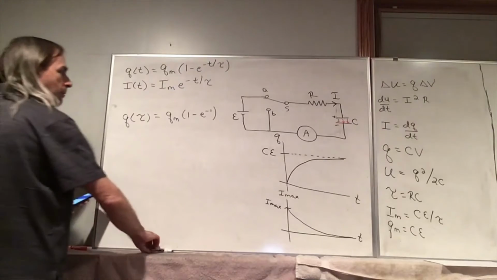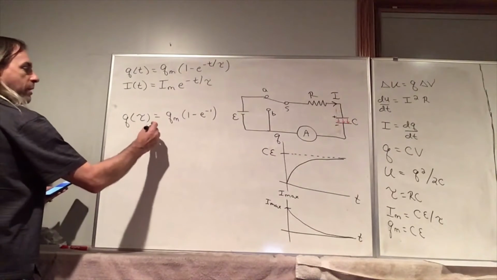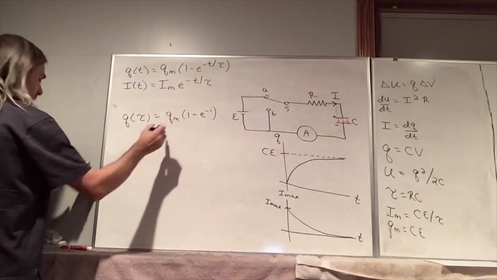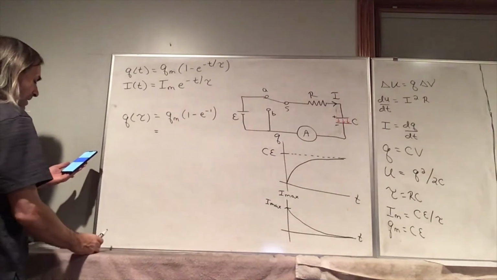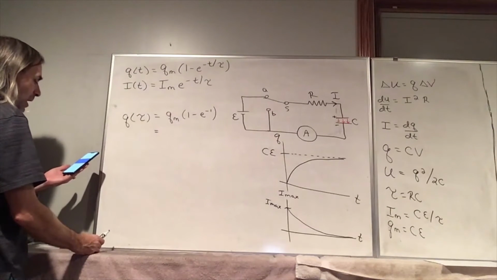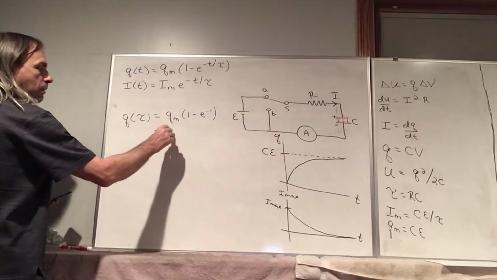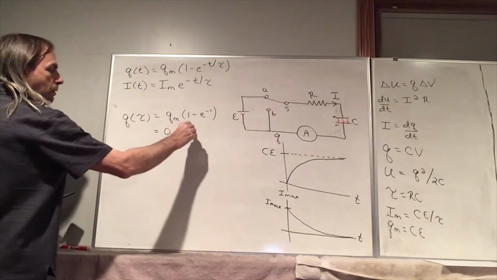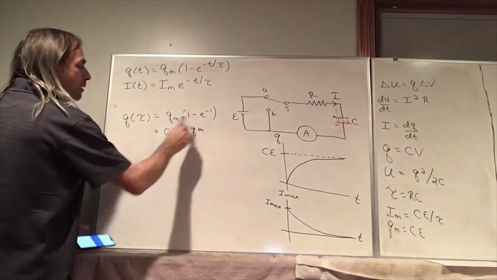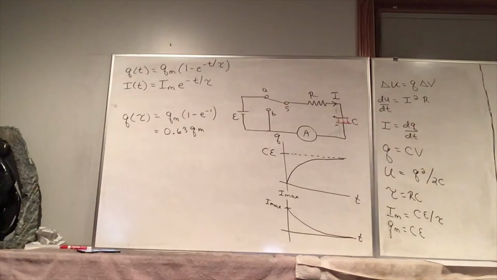.37 roughly. So 1 minus 0.37, this would be 0.63, we'll say. So after one time constant, let's start there, t equals 0.